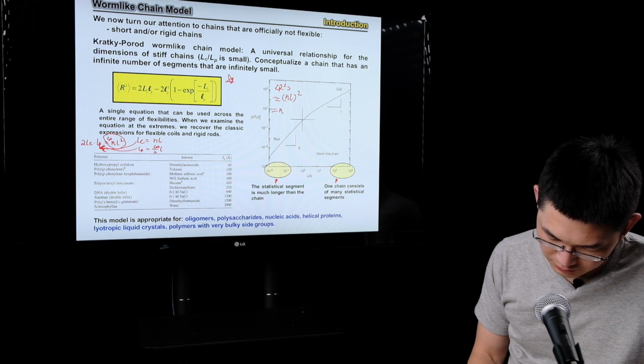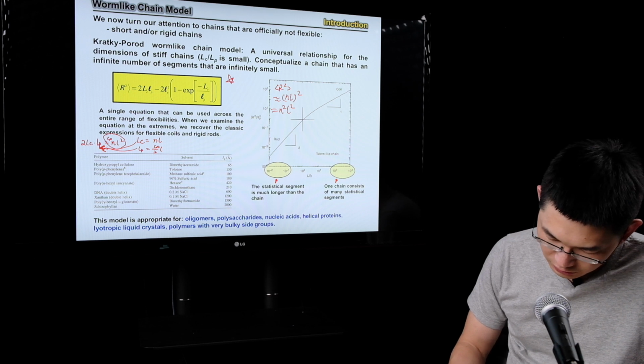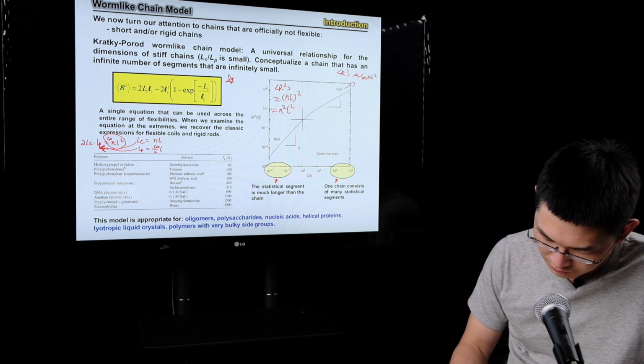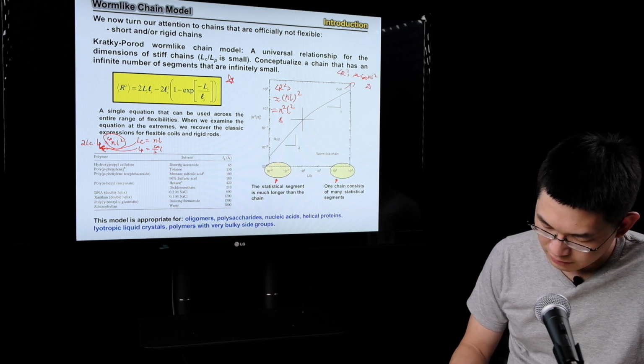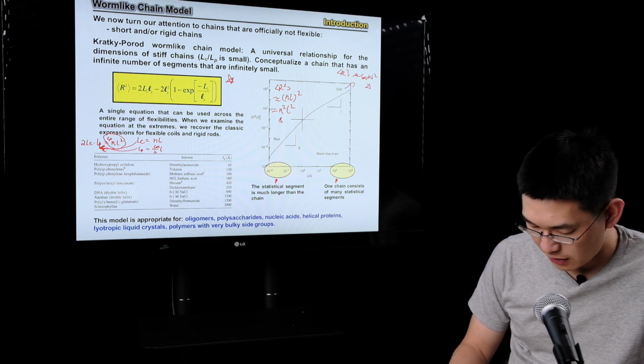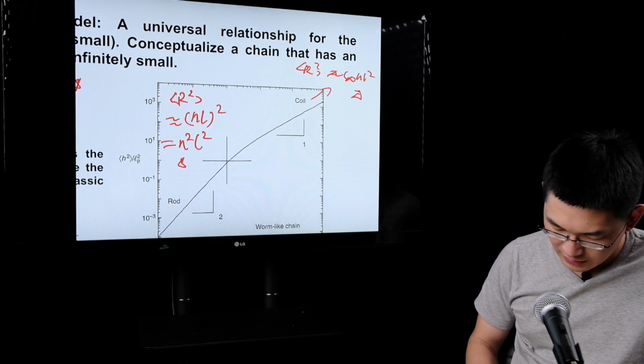In the Gaussian coil, the end-to-end distance will be proportional to C infinity NL squared. So this differs by a factor of n, right? Because C infinity is constant, it's not important anymore, but this term, n, will be different.